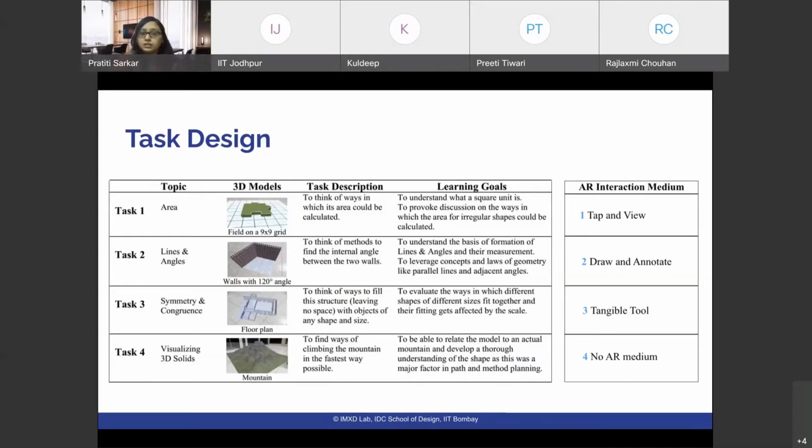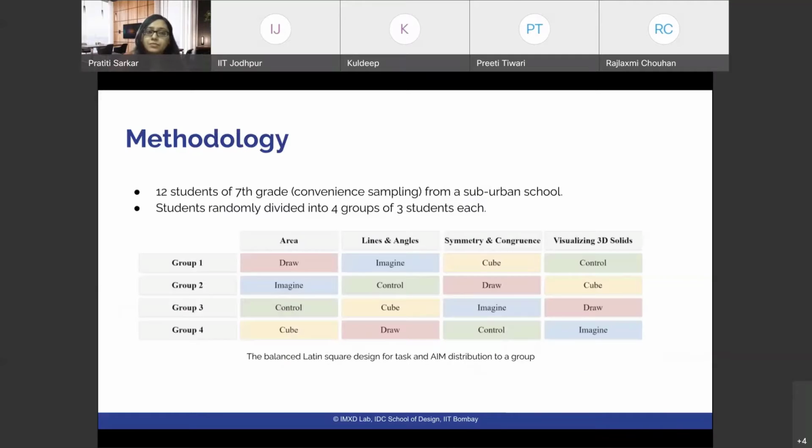These walls were not at a 90-degree angle, but at an odd angle of 120 degrees, so they had to think of ways of finding the internal angle. For symmetry and congruence, they had to think of ways to fill the structure with objects of any shape and size. And for visualizing 3D solids, they had to think of the ways they would climb the mountain in the fastest way possible. So all these were the different tasks that were given to them.